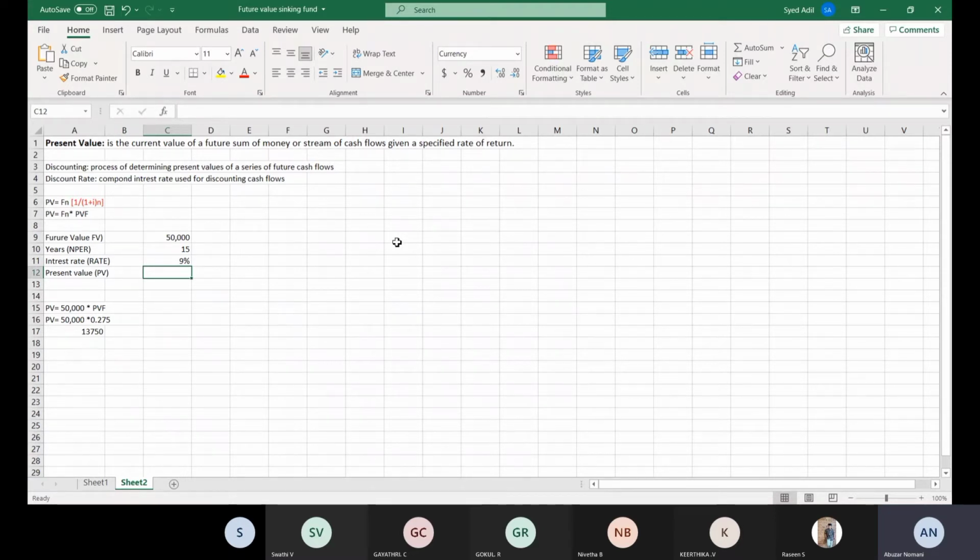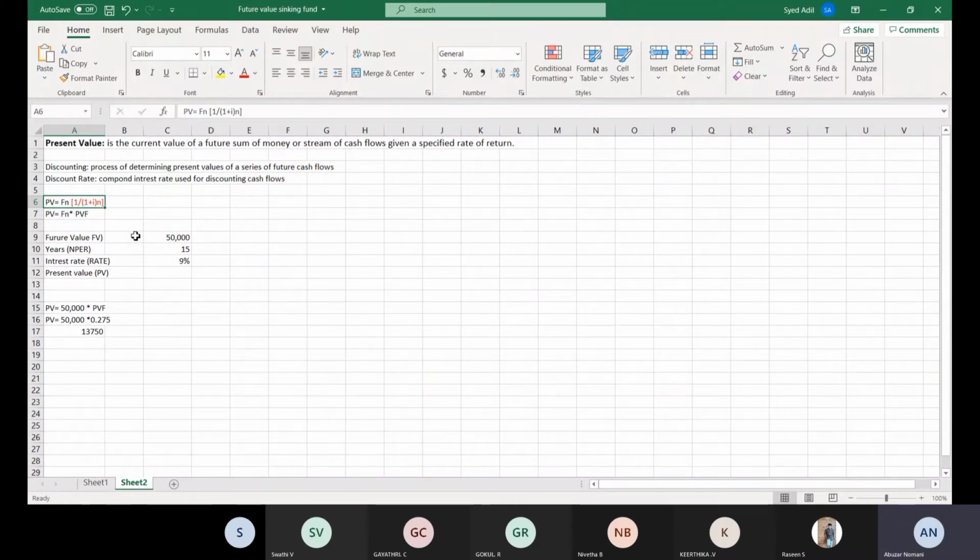Now let's see the formula for the present value interest factor. It is just the reciprocal of the future value factor, because in future value we already know the present value and on that basis we compute. Here we have to find out the present value, and we know how much sum we are going to receive in the future.